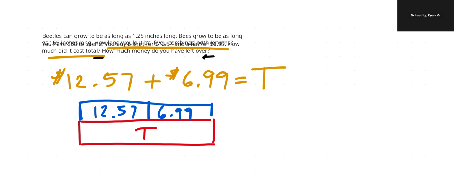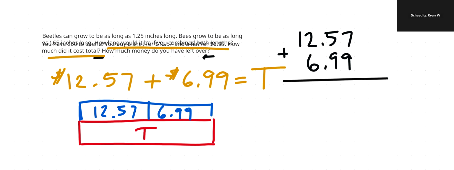I'm going to stack: 12 and 57 hundredths plus 6 and 99 hundredths. I'm going to start in my hundredths place. So 9 plus 7 is 16 hundredths, which means my 10 is going over into the tenths place.